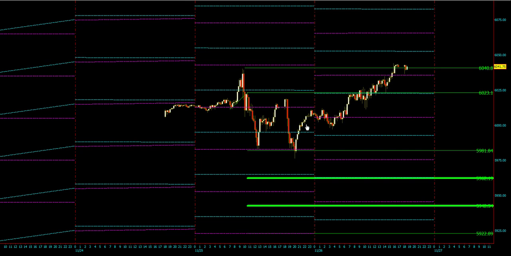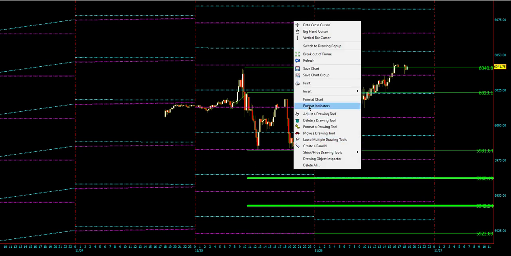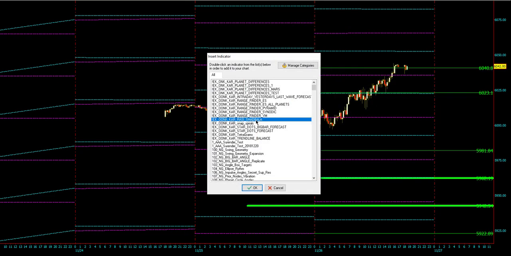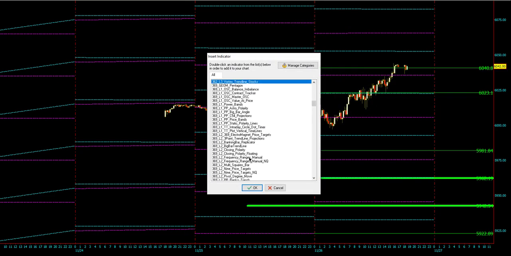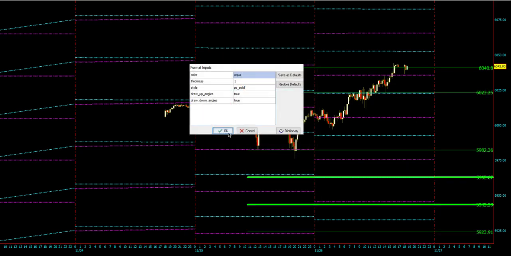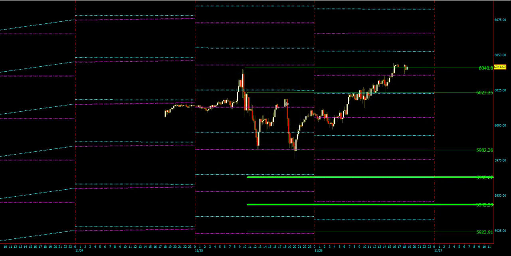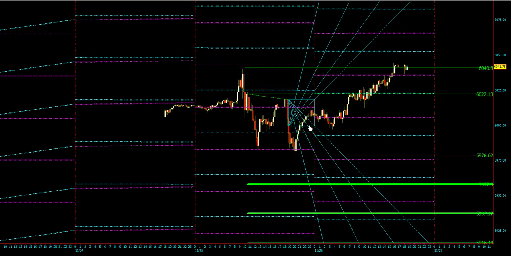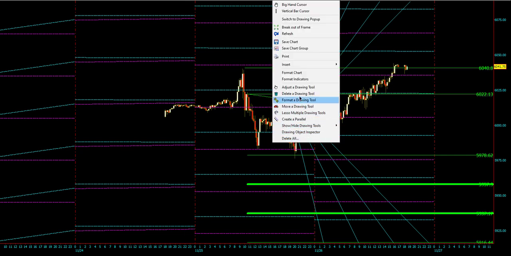All right. Let's add big bar angle. Now this is Gann's understanding. Let's remove the other one.